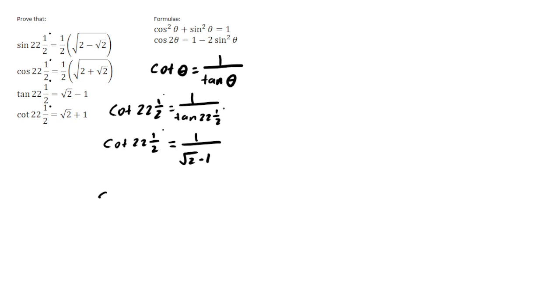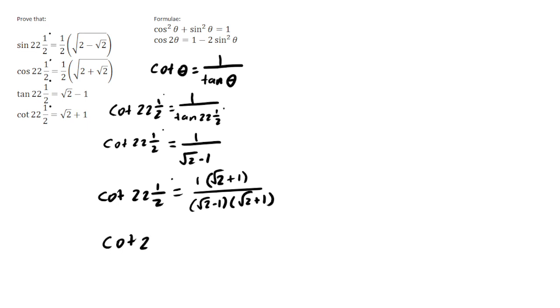So we're gonna say that cot 22.5 is equal to 1 times root 2 plus 1 over root 2 minus 1 times root 2 plus 1. Alright? So if we simplify this further, we got root 2 plus 1 divided by 2 minus 1.